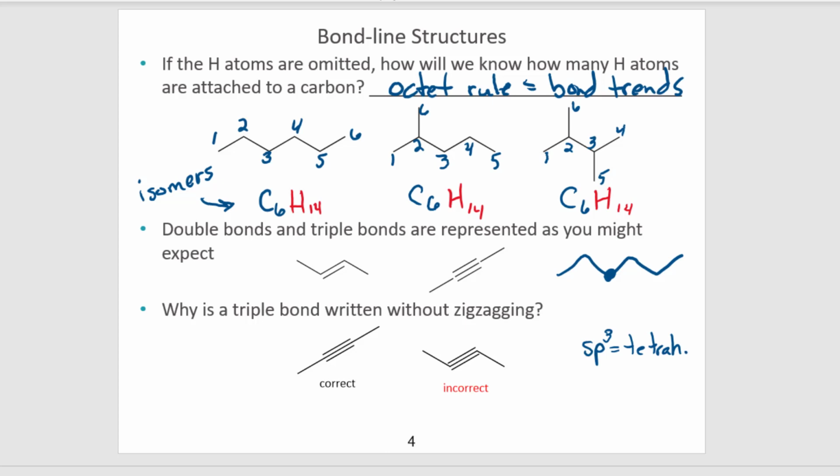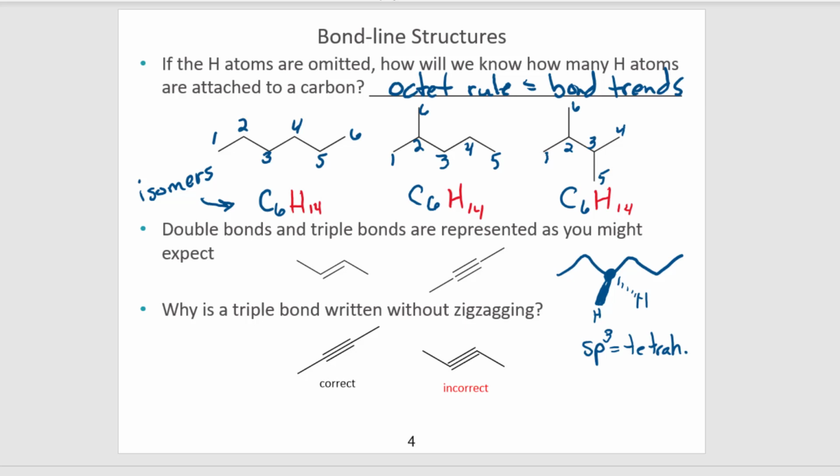Okay? That means that we see the 2 bonds, and those 2 bonds are in the plane of the paper. There's a hydrogen assumed, and that's coming out at us. And another hydrogen assumed, and that's going away from us.